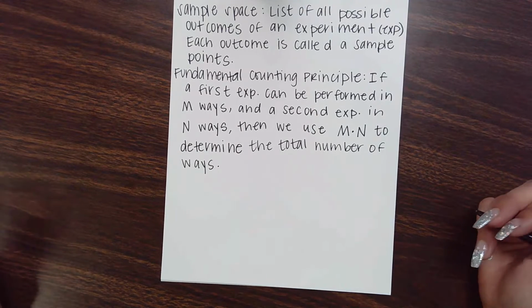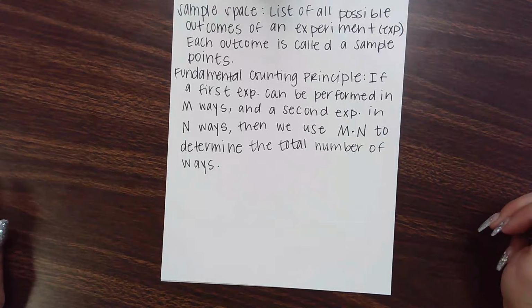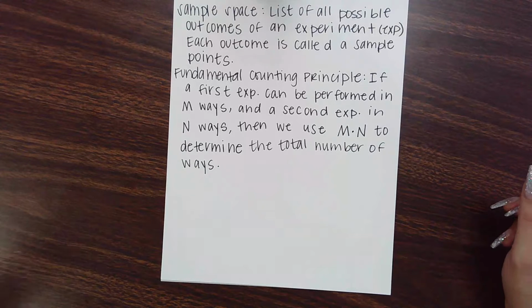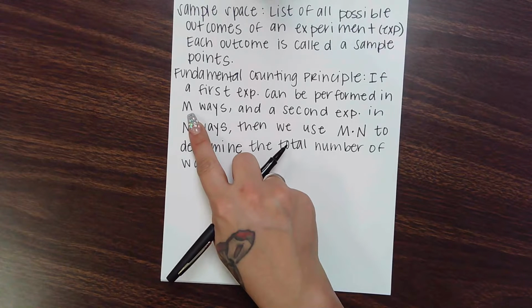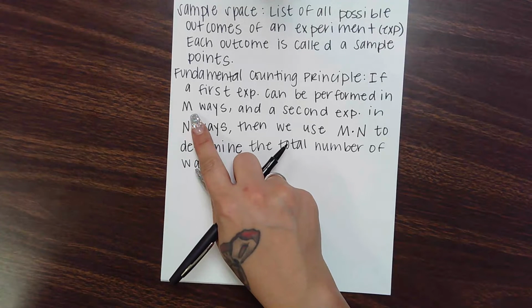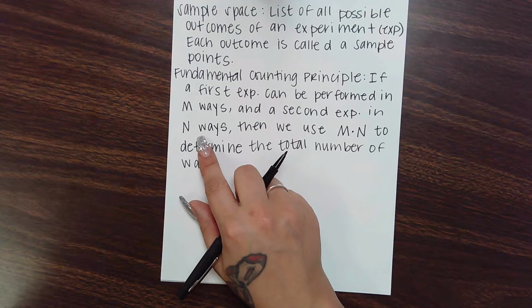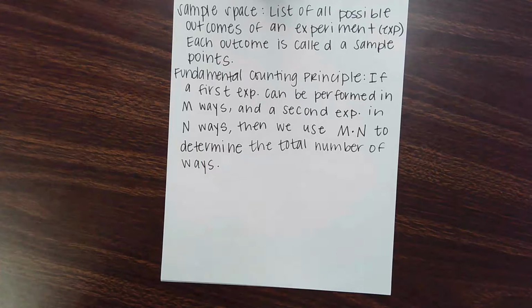I don't remember exactly. There might be 2 or 3. So you're literally just going to see how many ways can the first experiment happen. That's your M. How many ways can the second experiment happen? Technically, y'all, it's a sequence of events that happens, right? And we have an example like this.